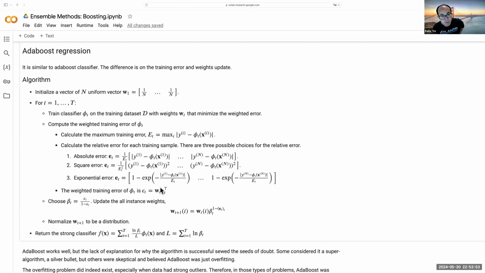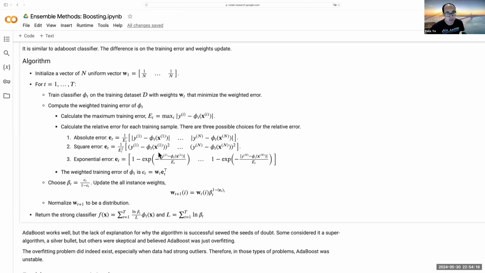So in AdaBoost regression, there will not be early stopping, because we can always have some training error, large or small, it doesn't matter. You just need to update the weight correspondingly to reflect how well my classifier is doing. Okay, so everything will be the same; the only difference is how we choose the errors.